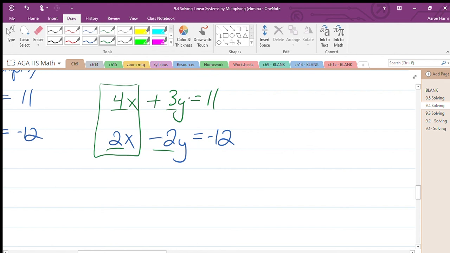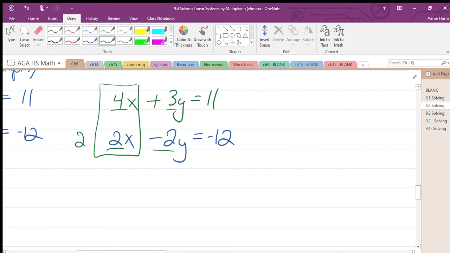If I eliminate the y, then I'm going to have to manipulate both of the equations because 3 and 2, their LCM is 6. So 4 and 2, what's the LCM? 4. So what do I have to multiply 2 by to get a 4? Well, 2.